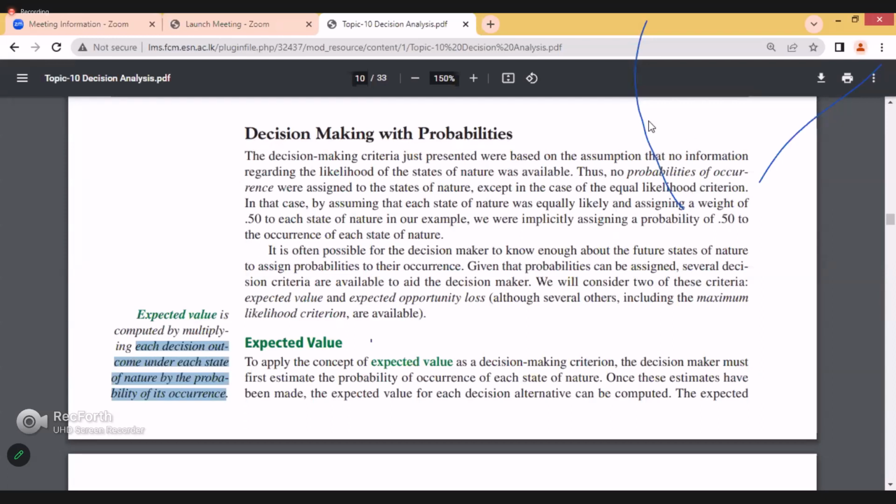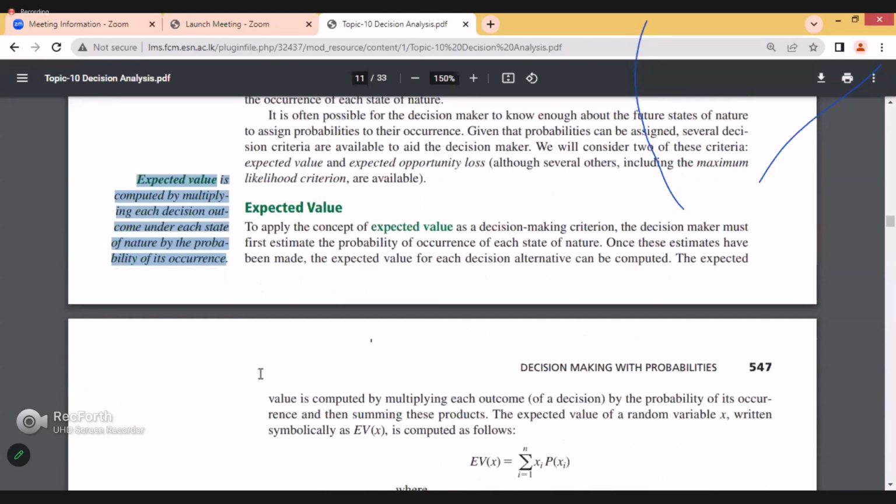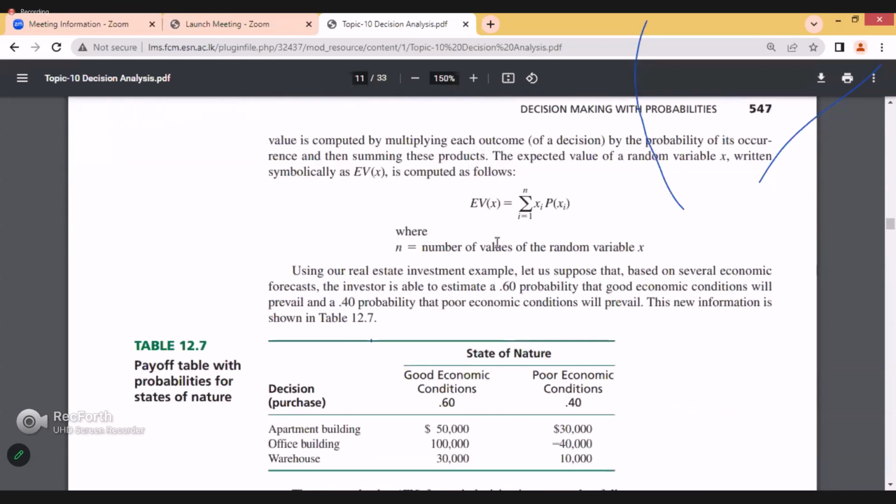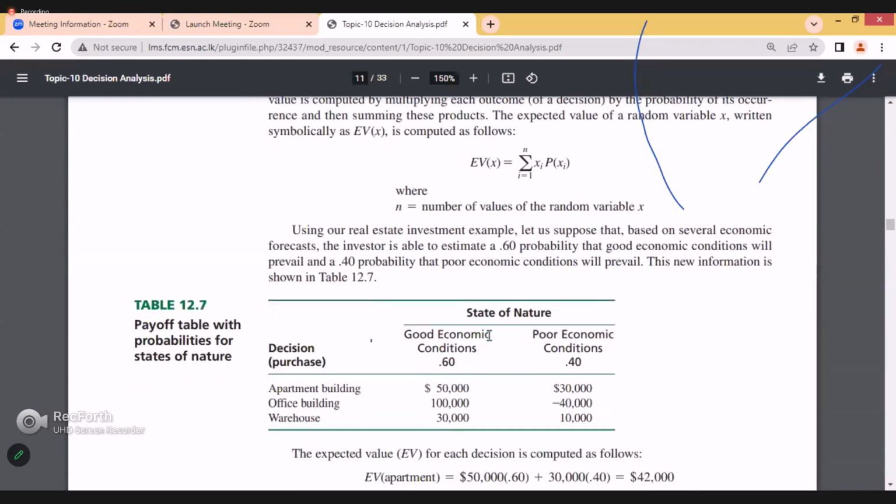That means probabilities are given, and the expected value is just the calculation multiplied by these.